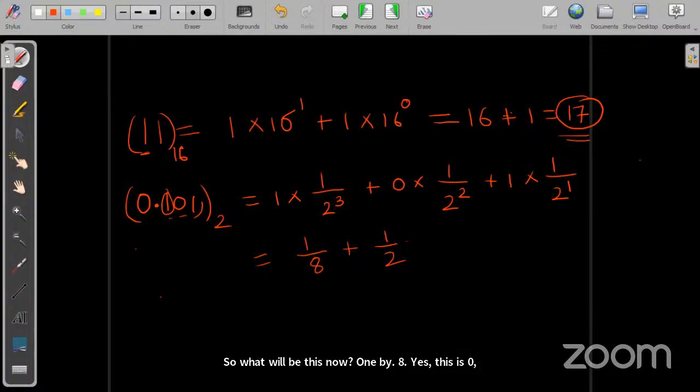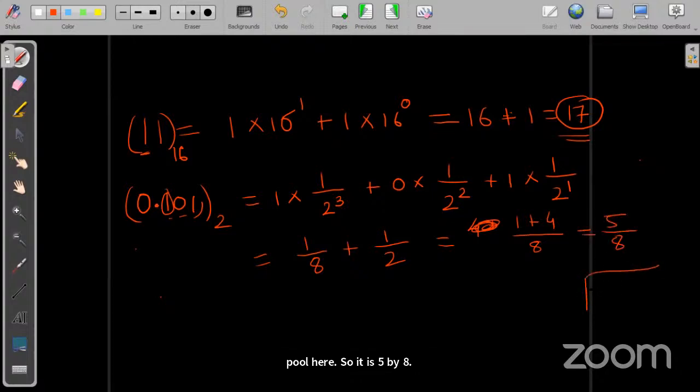So 1 by 8 plus 1 by 2 will be 1 plus 4 by 8, because 8 is the LCM. We need to multiply and divide by 4 here. So it is 5 by 8.